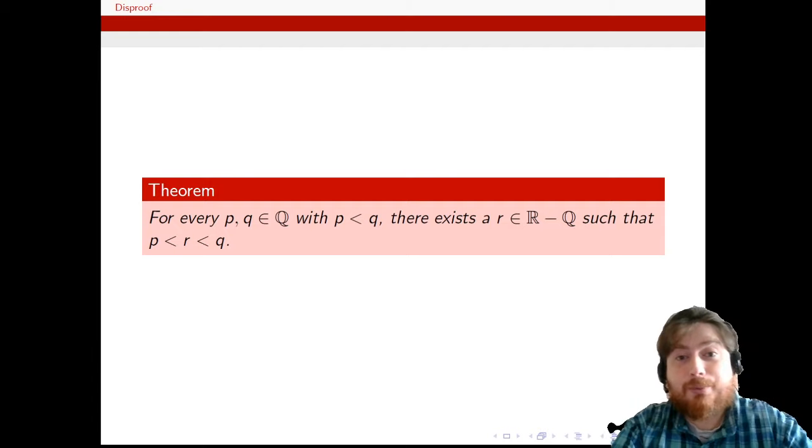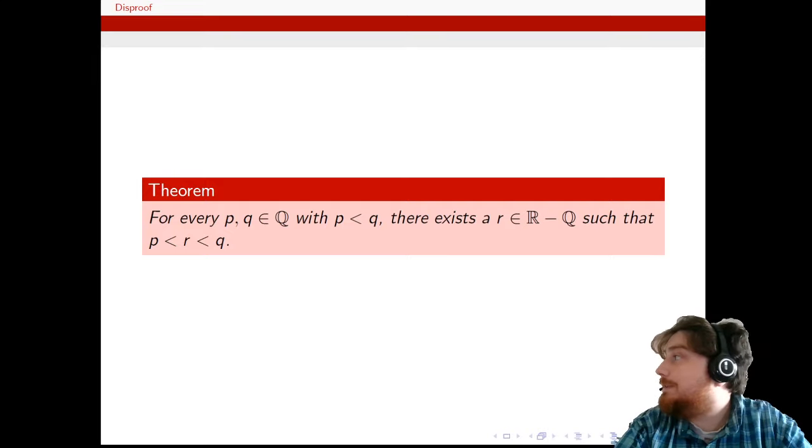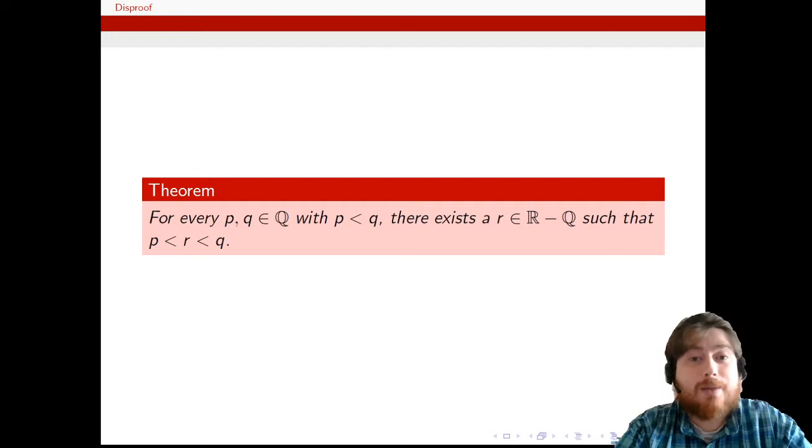So far, we've only mentioned the square root of 2 or the cube root of 2, a few of them in class. But now what we've proven, without actually having to find them, is that there are indeed infinitely many of these things. And in fact, there's a lot of them because between any two rationals, I can always find an irrational. It's going to turn out that there are significantly more irrational numbers than rational numbers.